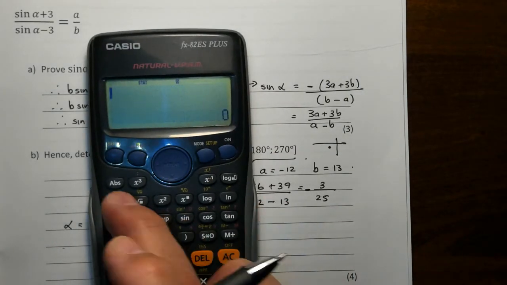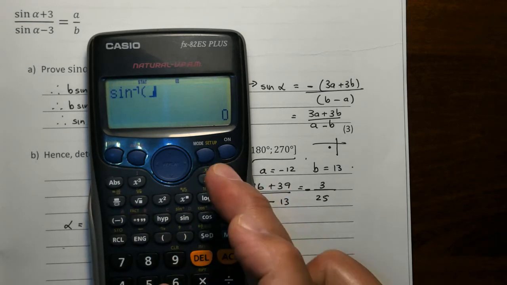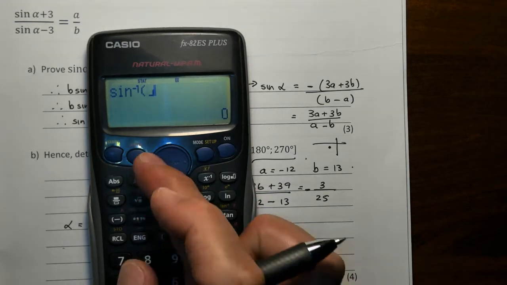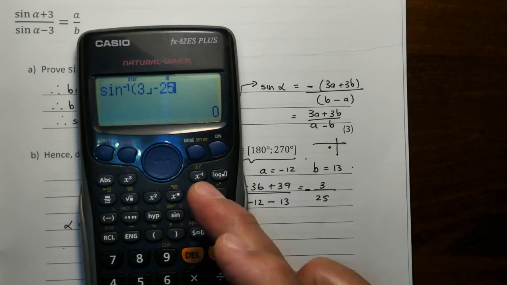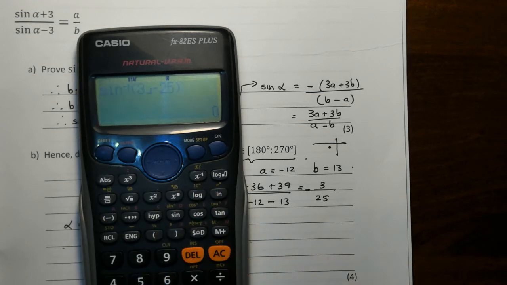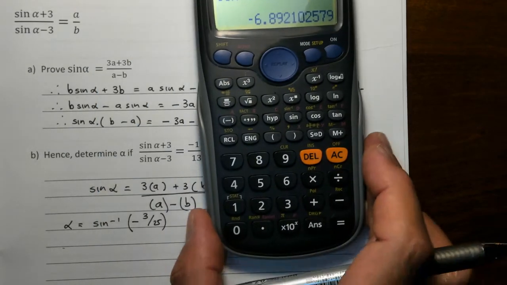It is the inverse sine, second function sine, of my fraction. Let me go back one. The fraction is 3 over negative 25. Now close my bracket. I get minus 6,89.